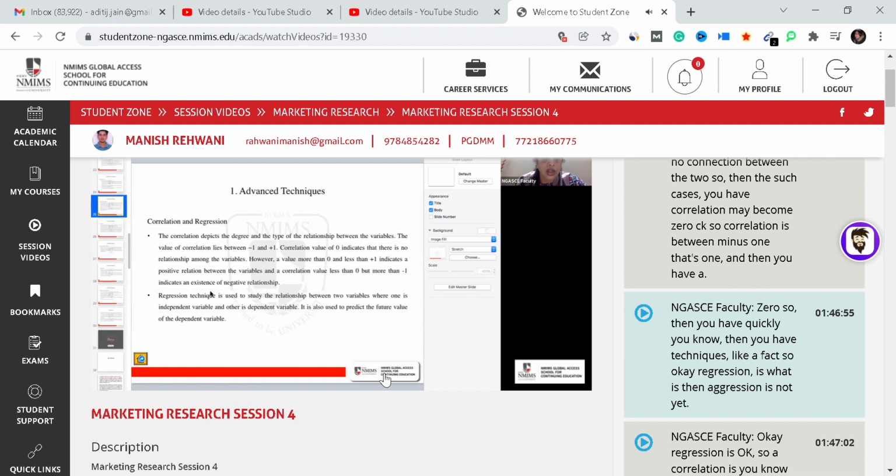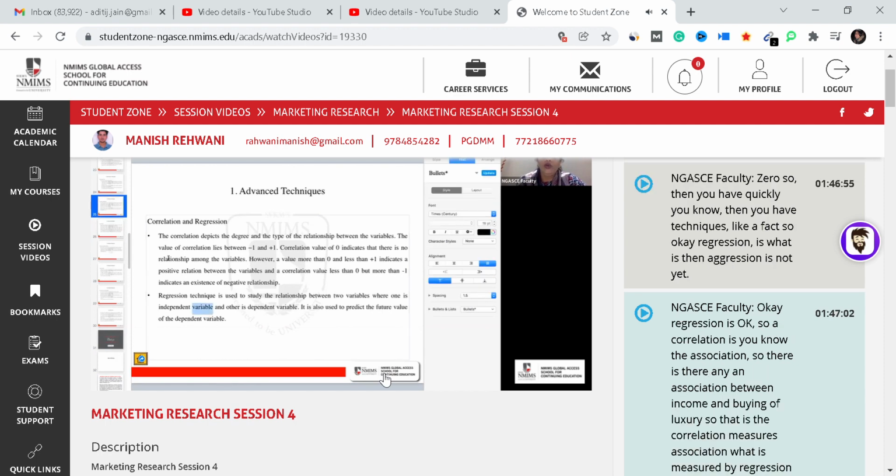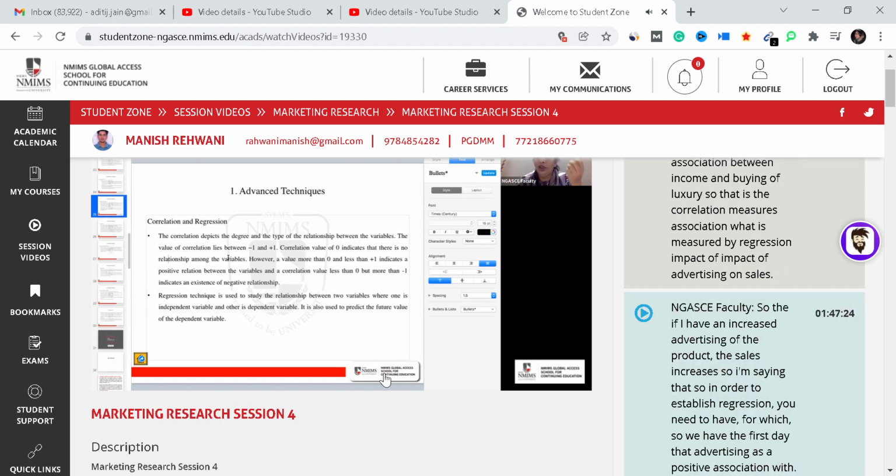Regression: so correlation is the association. Is there an association between income and buying of luxury products? That is correlation, which measures association. What is measured by regression? The impact of advertising on sales of a product. When I increase the advertising of the product, the sales increase.